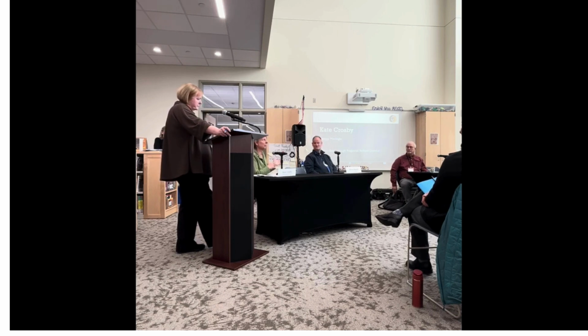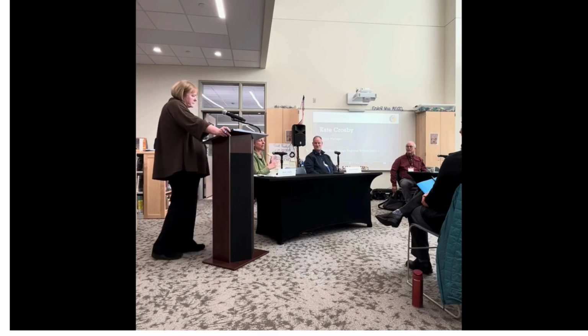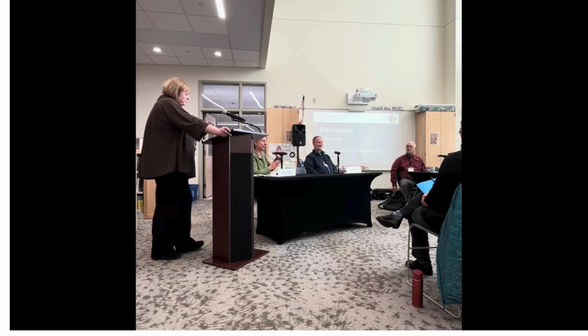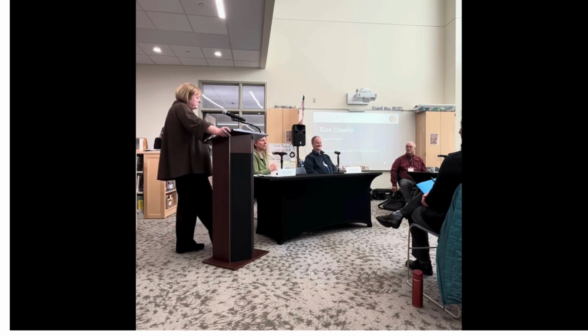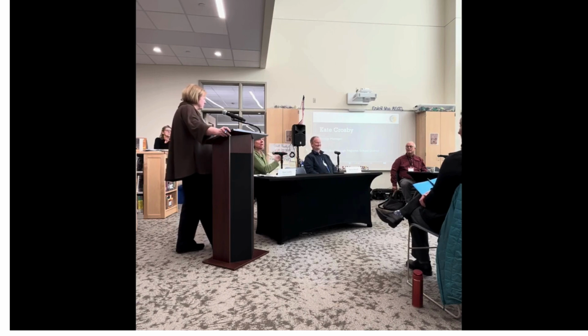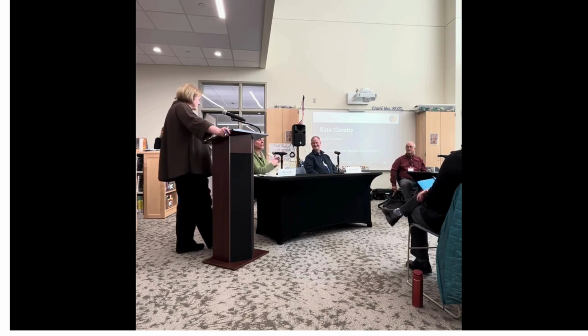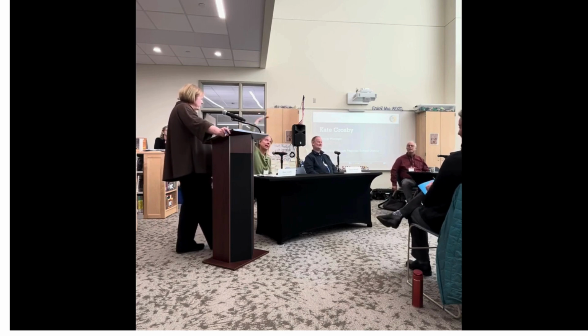I had been asking about operable windows and how they were going to be managed. Those questions weren't answered until we got to that moment, and sure enough, as I anticipated, the answer was that the operable windows shouldn't be opened. If you open them when there's moist air during a time when you're providing cooling, the radiant panels up in the ceiling are going to get wet and start dripping and introduce a lot of moisture to the building.